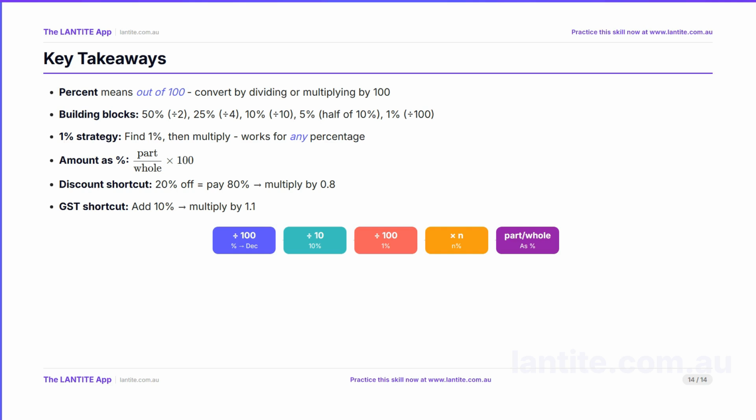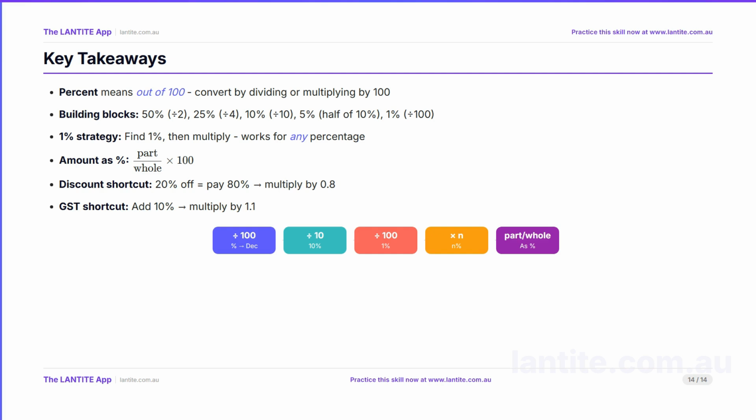Let's recap what we have covered. Percent means out of 100. You convert between percentages and decimals by dividing or multiplying by 100. The building block percentages 50, 25, 10, 5, and 1% help you calculate most percentages mentally. The 1% strategy is your go-to method for any percentage.